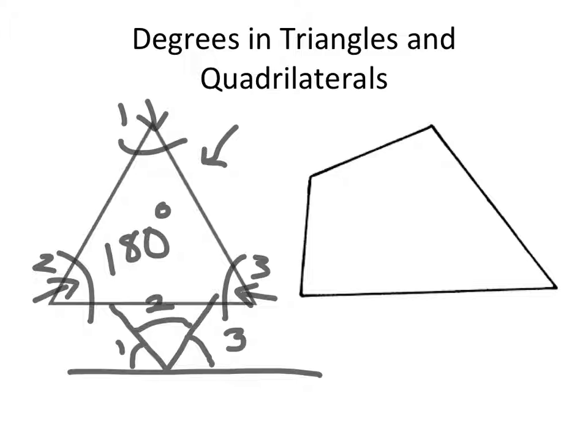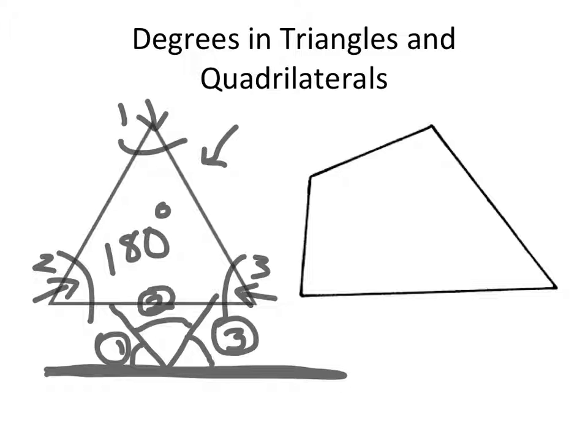And it's neat to watch students when they realize that no matter what kind of triangle they drew, no matter what their angles look like, once they put them all together like this, with their sides matching, it's always going to create a straight line. It's always going to fit on a straight line. And a straight line has 180 degrees, which is why all the angles in a triangle added up have 180 degrees, because they create a straight line.